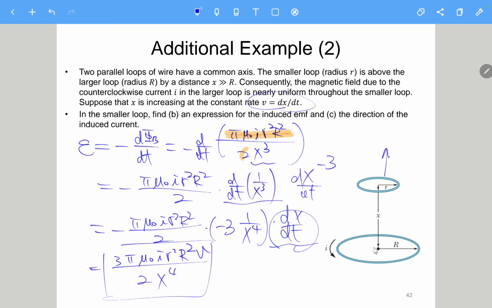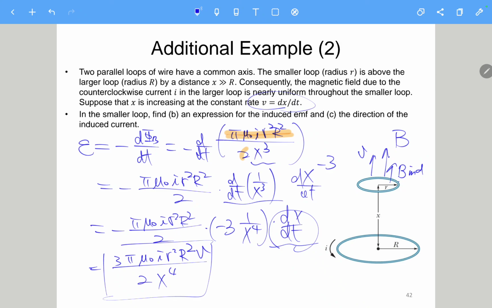By the right-hand rule, you use your forefinger to follow the direction of the current, and your thumb points up, so B is pointing up. But as the loop moves upward, B is decreasing. As B is decreasing, the induced B should point upward due to Lenz's law.